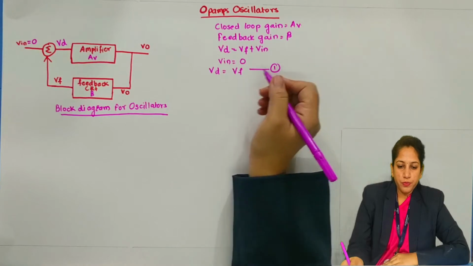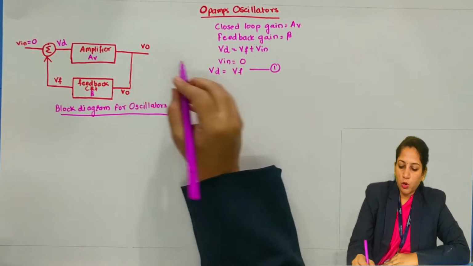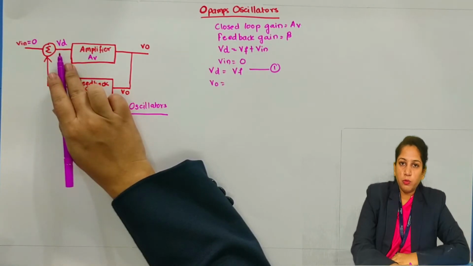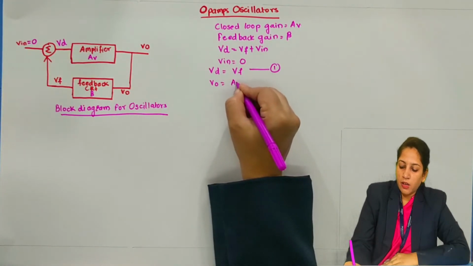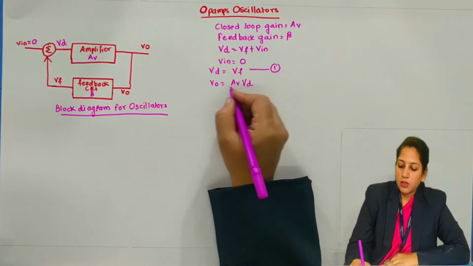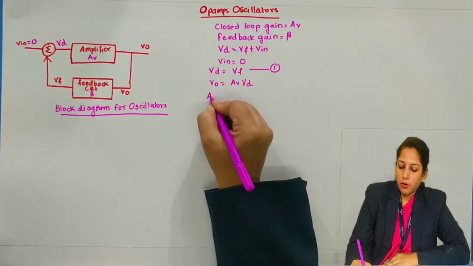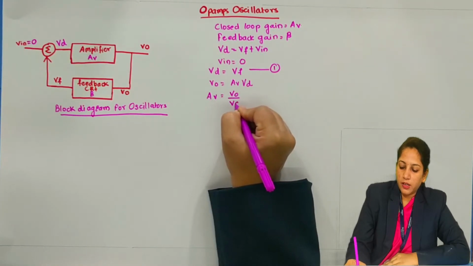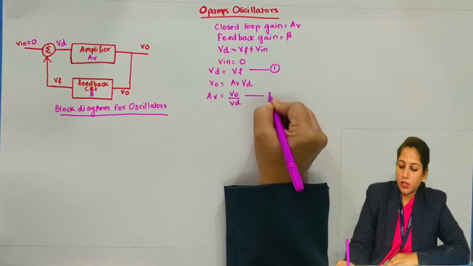Now I will find the output. Output voltage V0 is nothing but gain into VD, so gain is AV into VD. From this I will derive a gain formula. Gain is equal to V0 upon VD. Suppose this is equation number 2.